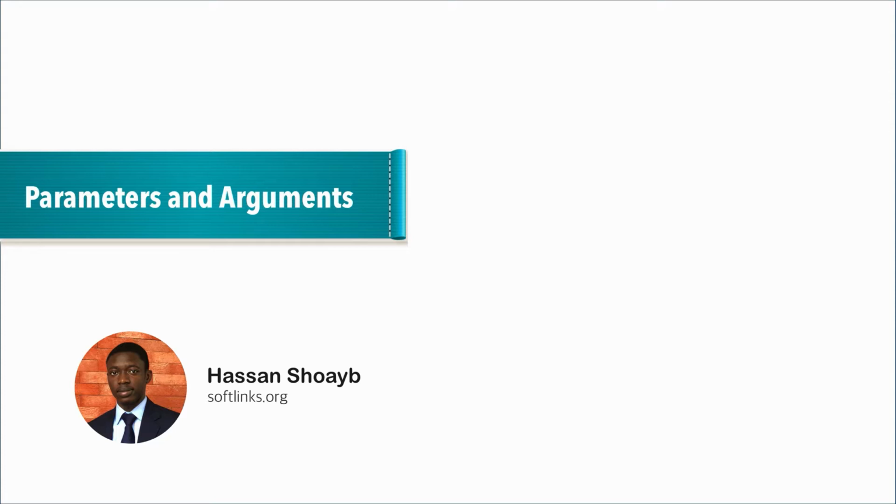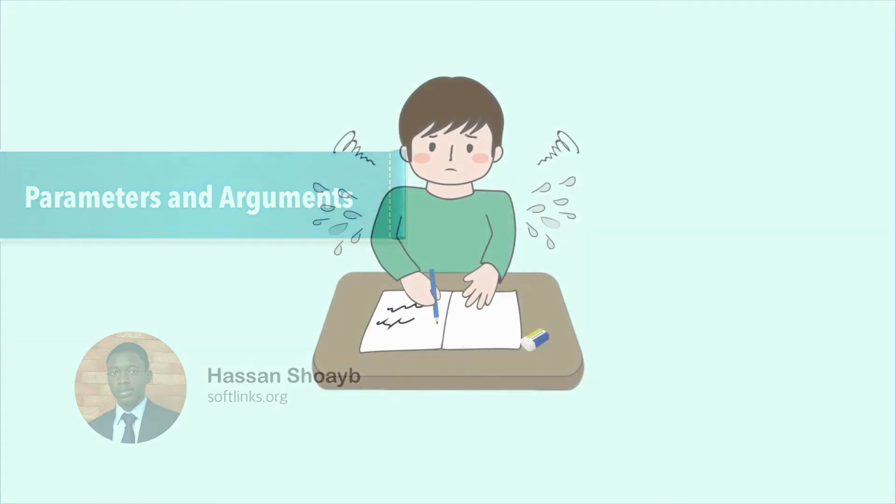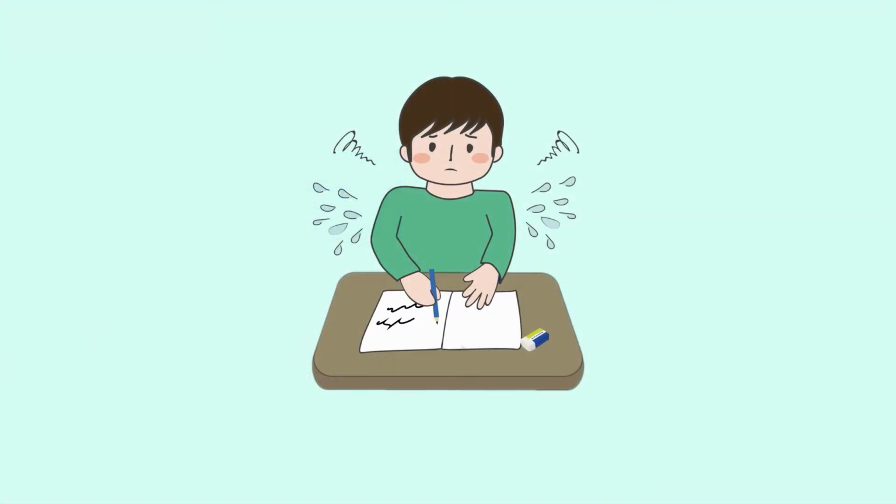Now that we've covered the function basics, let's talk about parameters and arguments. I realize that if you are new to programming, you're going to be hearing a lot of new words in these lessons. When you are learning anything new, the hard thing isn't necessarily the concept, it's often the language.